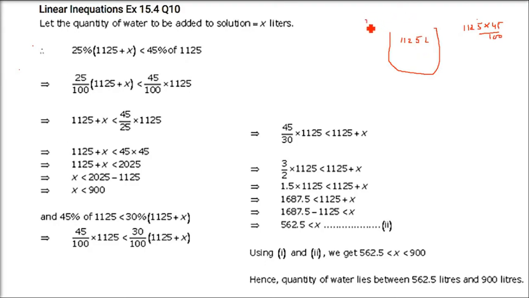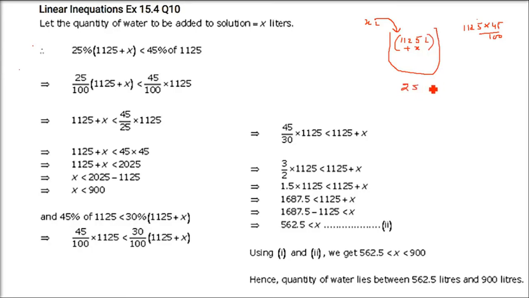How many liters of water should be poured inside? Say we put X liters of water inside this. So the solution now becomes 1125 plus X liters. When the water is mixed, it will be 1125 plus X. Then it is being said, the resulting mixture will contain more than 25% but less than 30% of acid content.